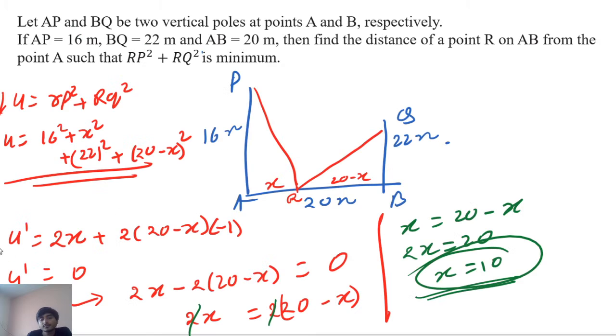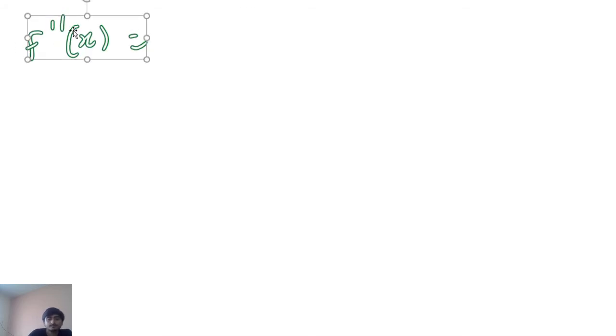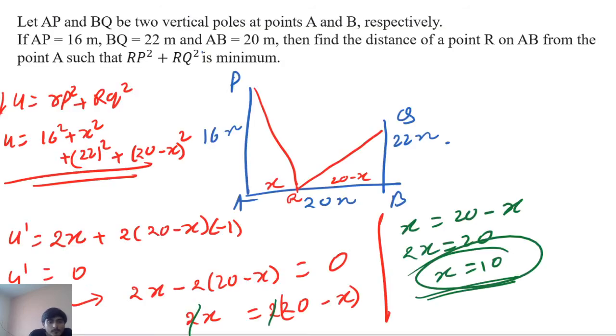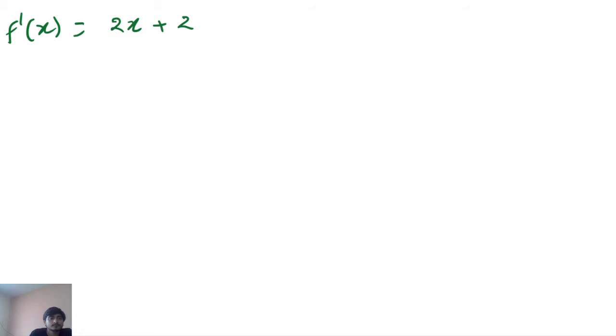First I'll write here f dash of x so that I don't get confused while writing it: 2x plus 2 into 20 minus x into minus 1, so 2x minus 2 into 20 minus x, right?